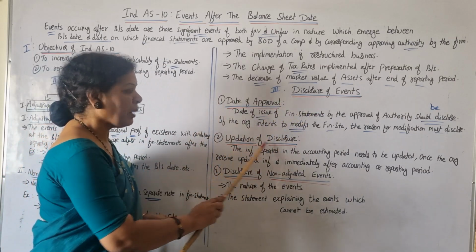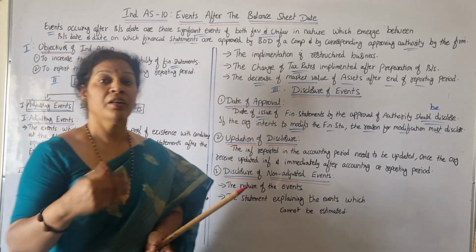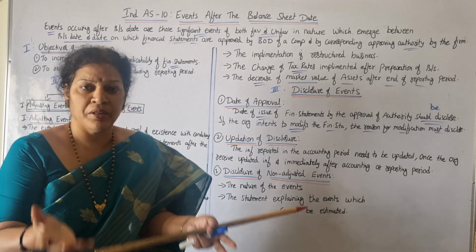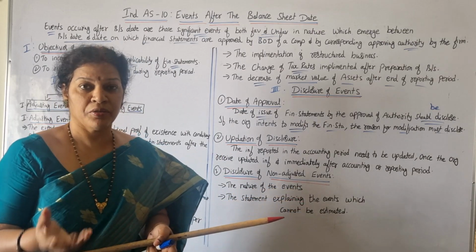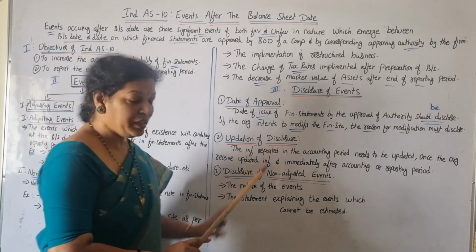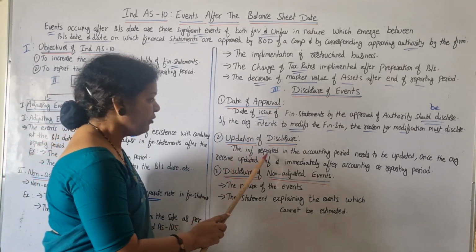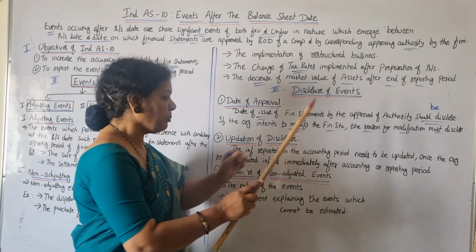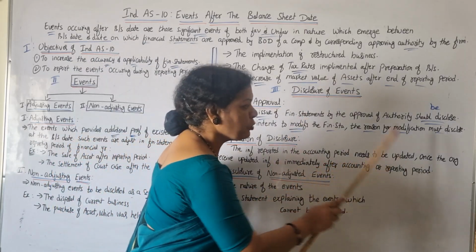Second point is updation of disclosure. You are disclosing something, what is that updation, that you have to mention. So here you have to remember few points. The information reported in the accounting period needs to be updated.